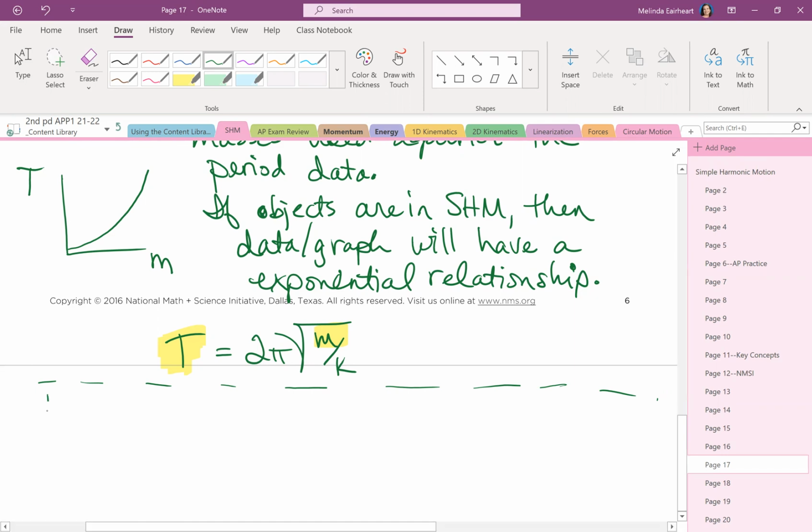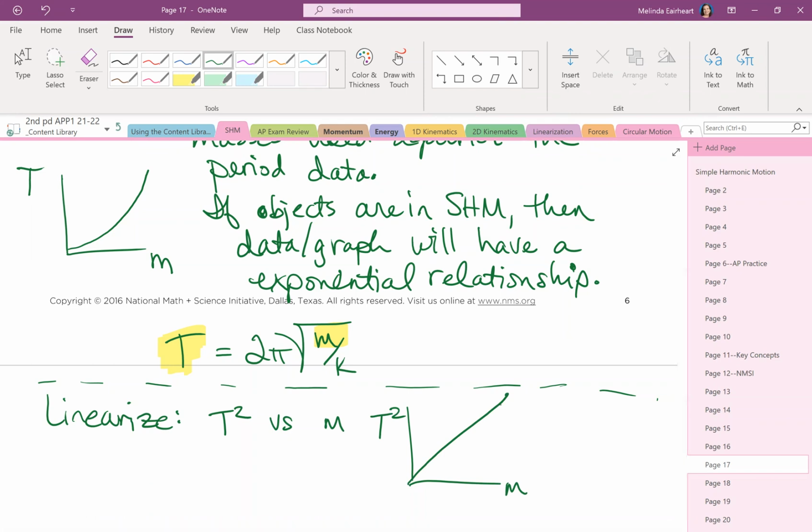T squared. So to linearize, you could do T squared versus mass, right? So just for your knowledge, that would straighten it out if it's simple harmonic motion, right? If your data doesn't support this relationship, then is it simple harmonic? No.